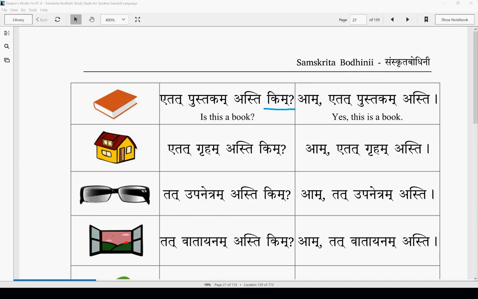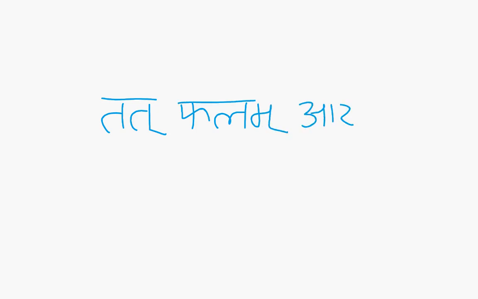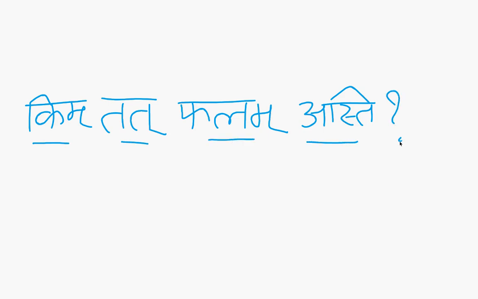The same thing if we use it for Phalam. Tat Phalam. Even if you put it here, let's say Kim Tat Phalam asti. Listen to the tone here. Kim Tat Phalam asti. This means, what fruit is that?